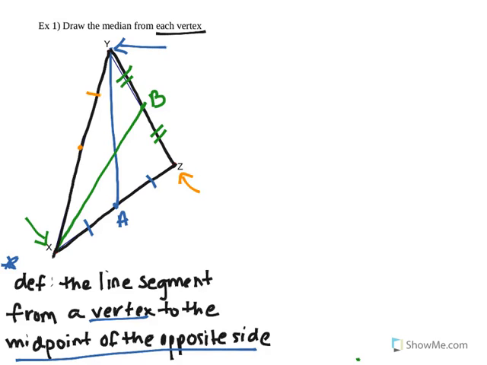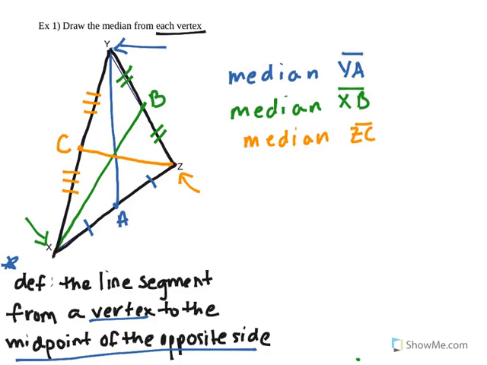I show that in my diagram using these tick marks because I know midpoints split segments into 2 congruent parts. I'm going to call that point C, and then I connect my line from the vertex Z to midpoint C. And so now we've drawn 3 medians, median YA, median XB, and median ZC in the diagram.